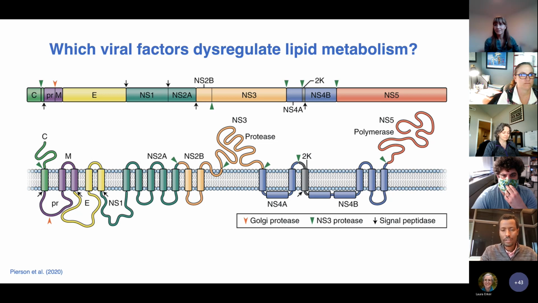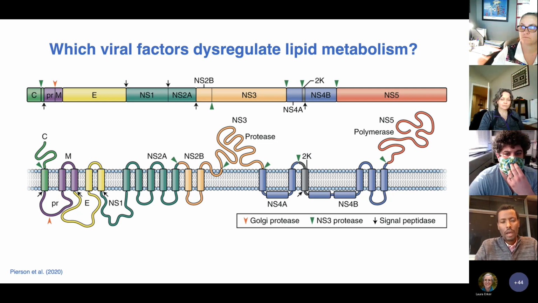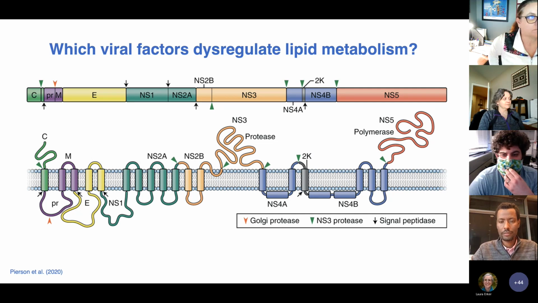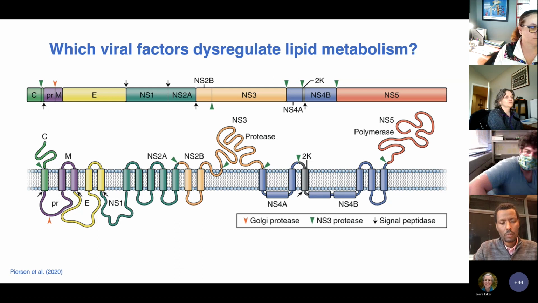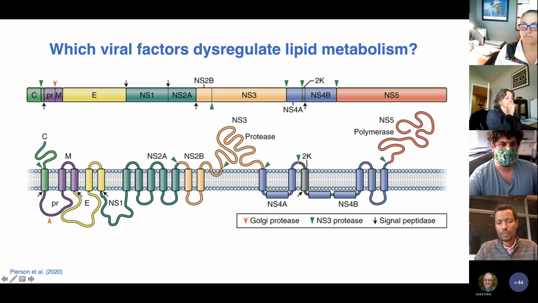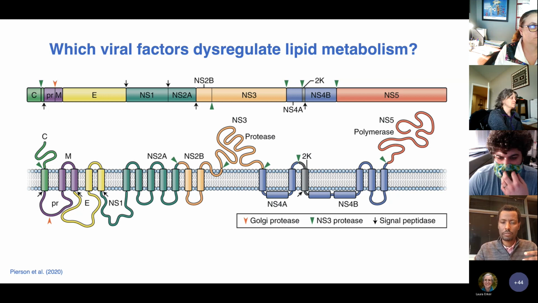So as you have seen, we did that global lipidomics to map the lipid profiling of infected versus healthy cells. And what we see is that Zika infection remodels the lipidome of the host cells.